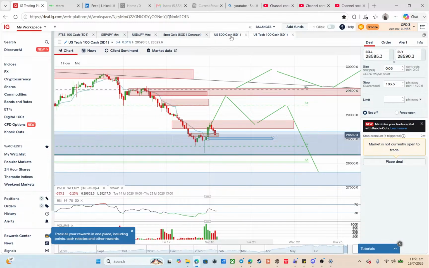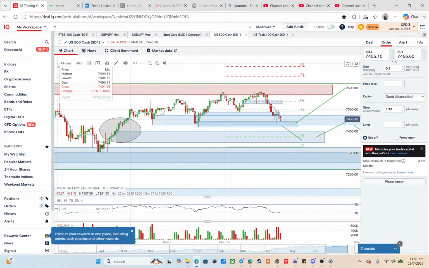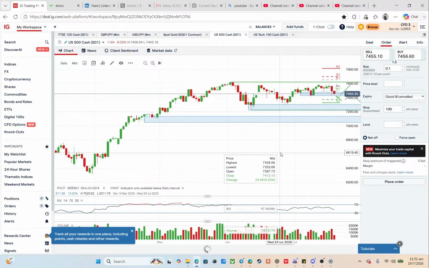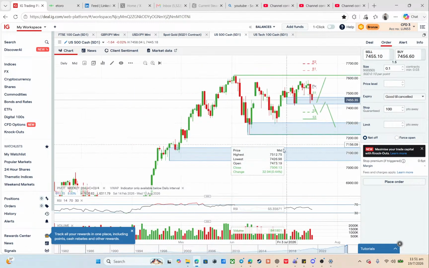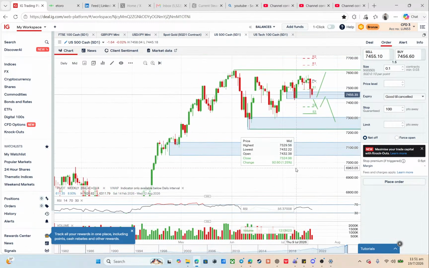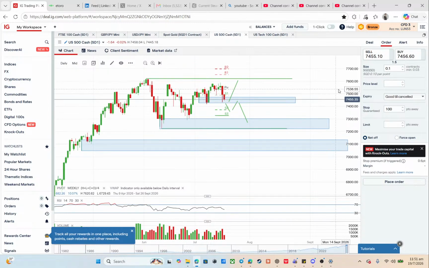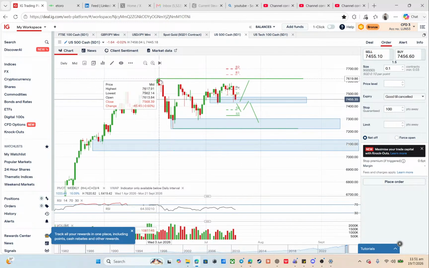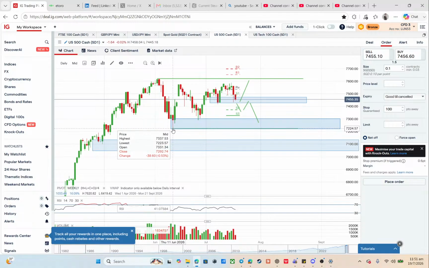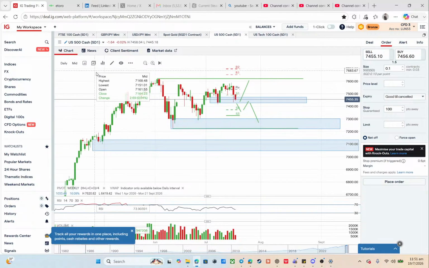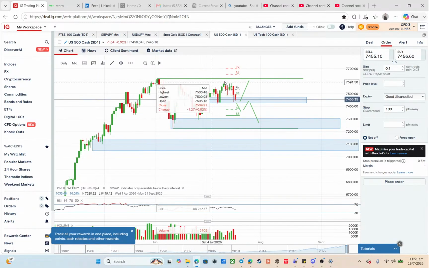Okay, let's go and look at SPX on a daily time frame. You can see the same: we have a rally and price is stuck in this range. This is the all-time high here, and this is the low here. They created a low here, and price is hovering inside this entire range.